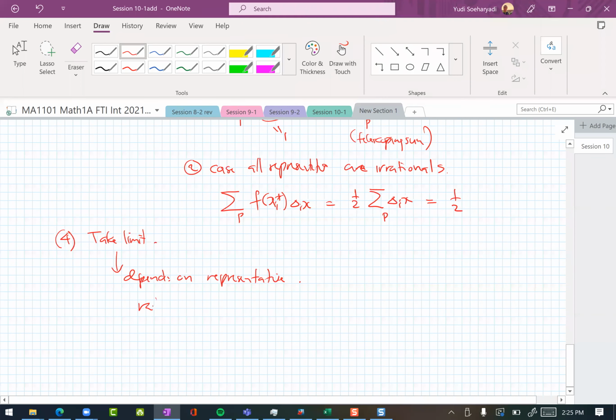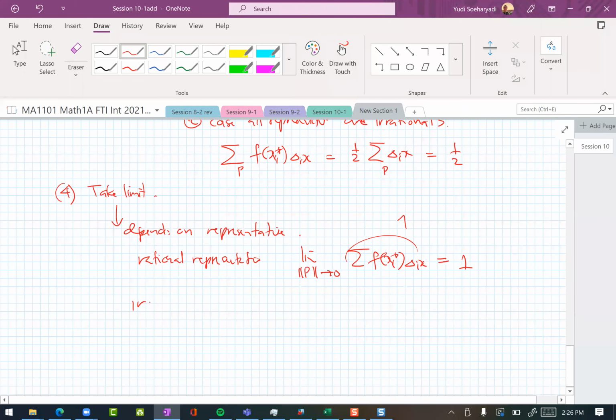So rational representatives give you this limit, which is always 1.